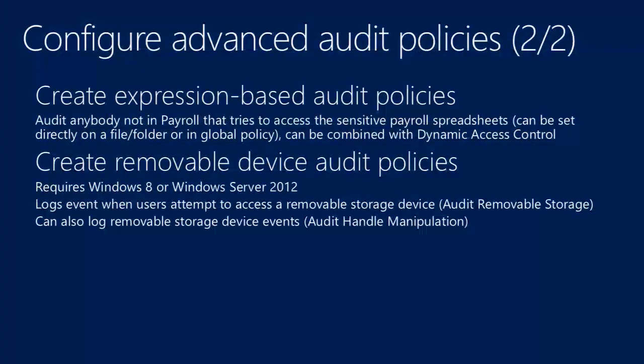And then new for Windows 8 and 2012 is removable device audit policy. So somebody plugs in a USB, you want to know about it, gets logged. If they attempt to access a removable storage device, those are kind of the same thing. The parentheses stuff is actually the GPO setting itself right there.